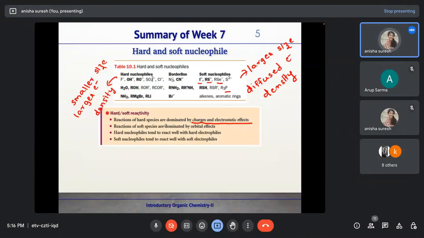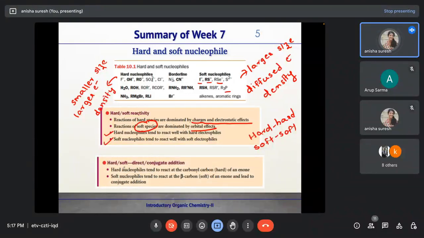In case of soft nucleophiles, their reactions will be dominated by orbital effects. So soft nucleophiles will react based on orbital effects. Hard nucleophiles will react with hard electrophiles, and soft nucleophiles will react with soft electrophiles. So hard-soft interaction will be there: hard reacts with hard, soft reacts with soft.